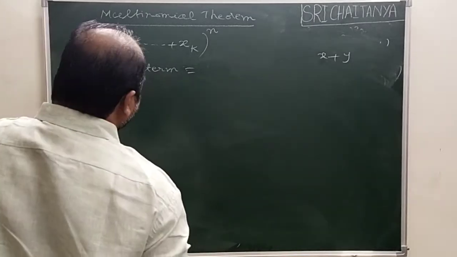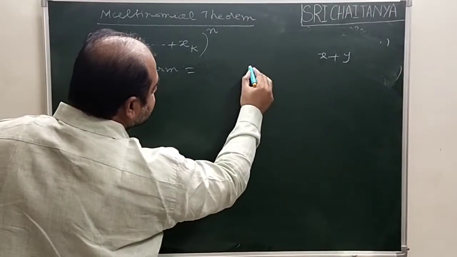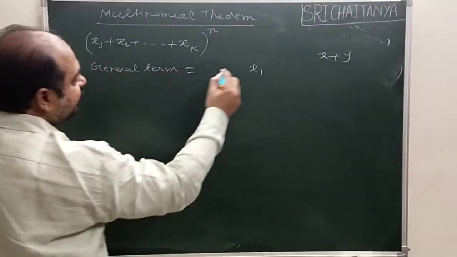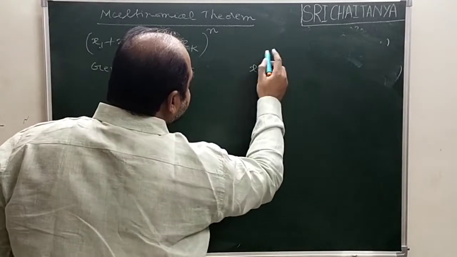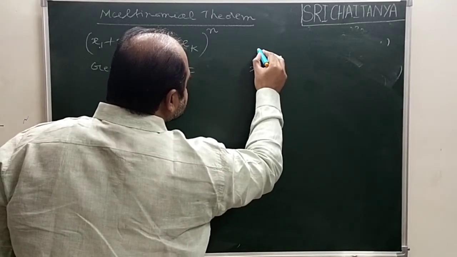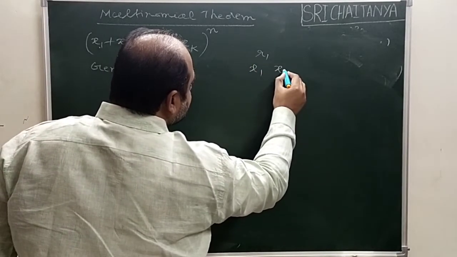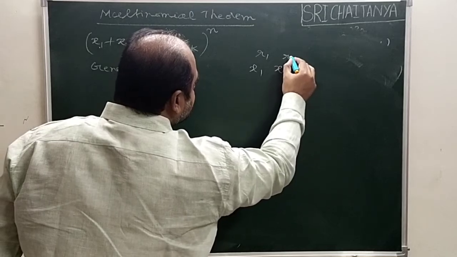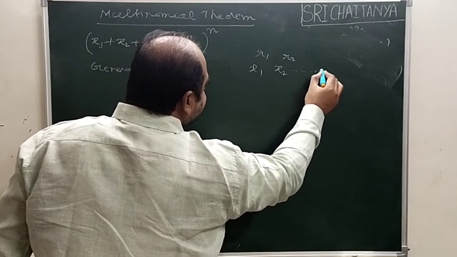Look, first you write the variables. For every variable you assign some power, x1 to the power r1, x2 to the power r2, like this. Every term will be like this.